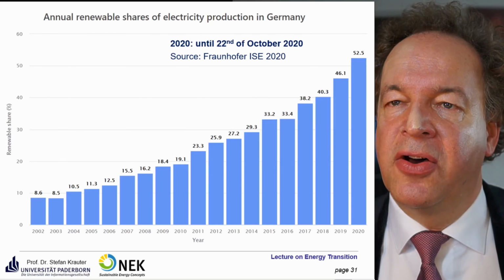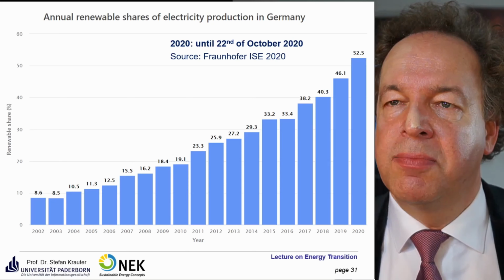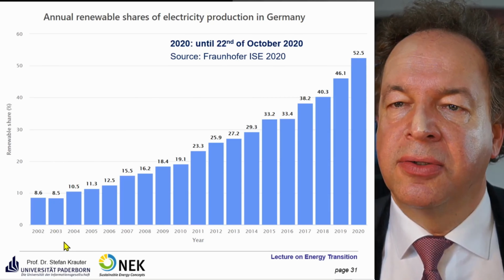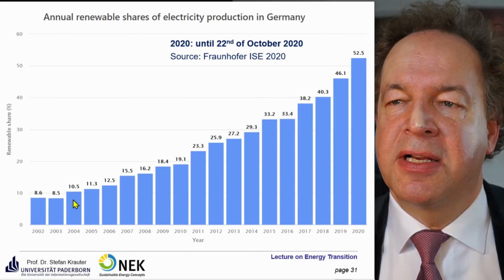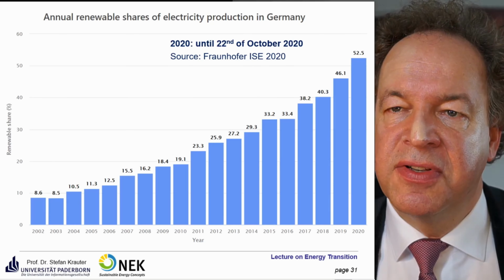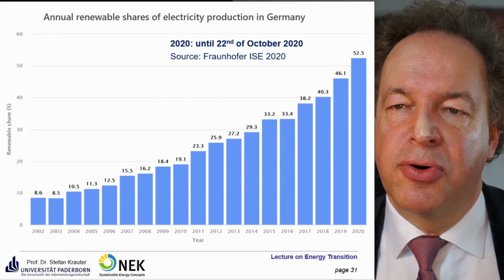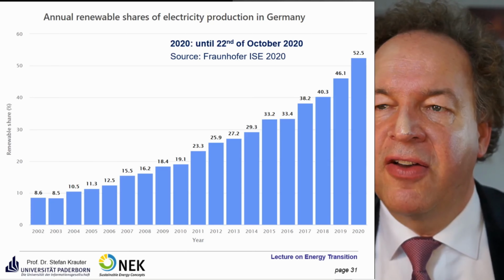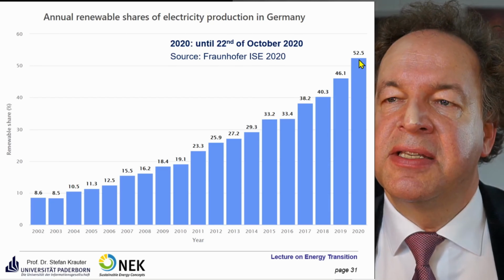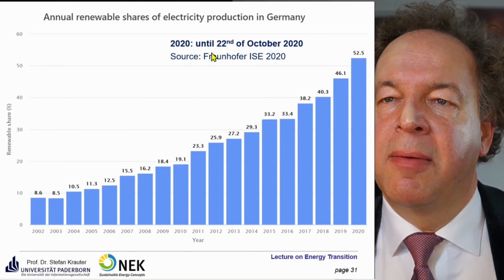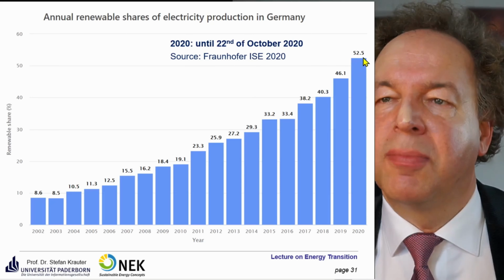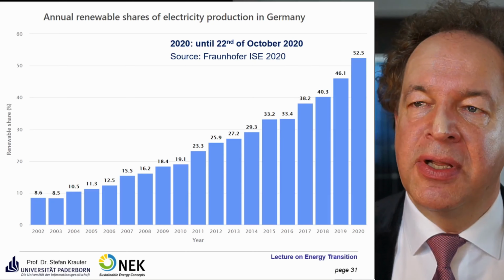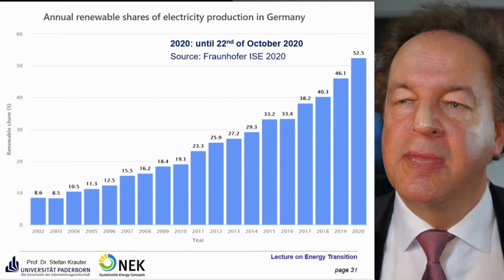This is the development of the annual share of renewable energy production in Germany. So you see here about two decades ago that the share consisted basically of hydropower and was in the vicinity of 5-6%. In 2002 it was 8.5%, and this year in 2020, at least I have the numbers until 22nd of October, so brand new numbers, 52.5% of German electricity consumption has been renewables.